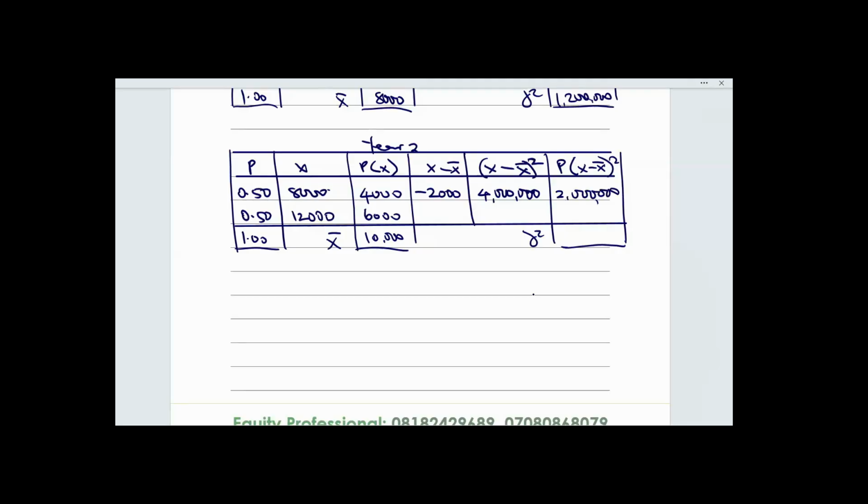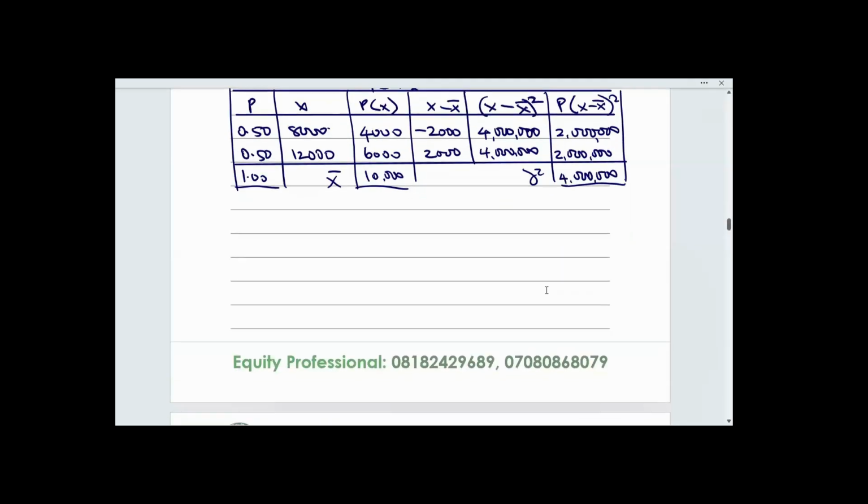The second one, 12,000 minus 10,000 will give us 2,000. 2,000 squared is 4 million. 4 million multiplied by probability of 0.5, 2 million. When you add it up, that's 4 million. So we have calculated variance for year two. We are moving to year three.